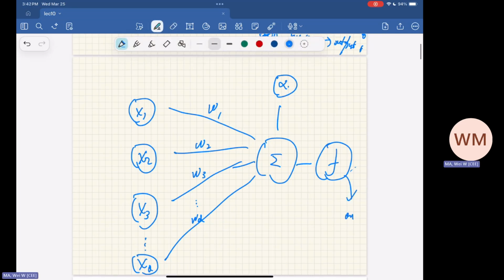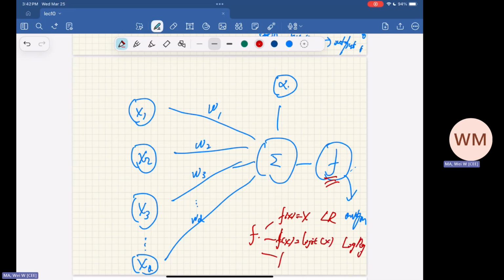This function can be an identity function: if f(x) equals x, it's linear regression. If f(x) equals logit x, then this is logistic regression.